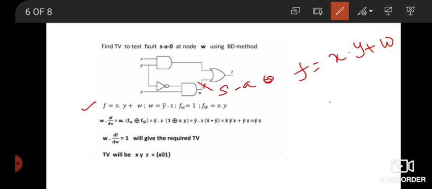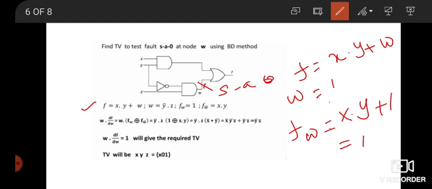So f of w equals x dot y plus 1. Already we know the Boolean law, that 1 plus anything equals 1. So f of w equals 1.